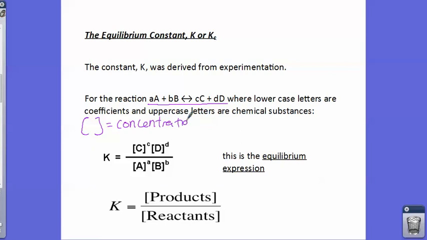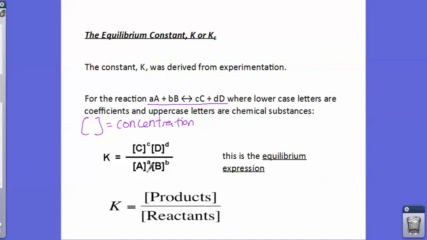These are square brackets, not the fancy brackets. So we have the concentration of our products, each to the exponent of its coefficient, multiplied together, divided by the concentration of reactants on the bottom, again, to those coefficients.